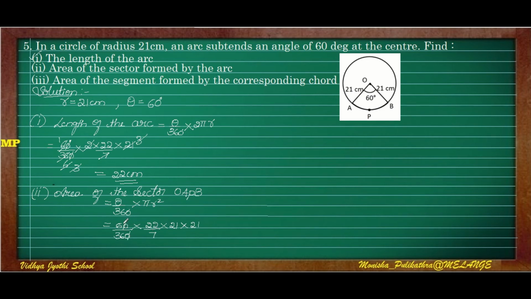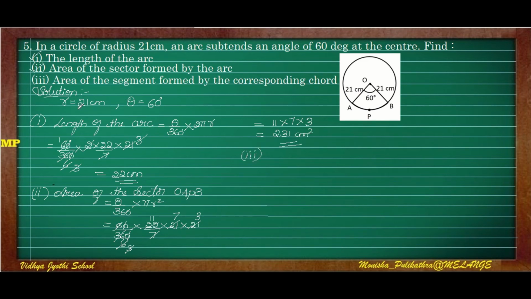So 0 0 get cancels, 6 1s are 6, 6 6s are 36, here 7 3s are 21. Next we can take it as 2 3s are 6 and 2 11s are 22. 3 1s are 3, 7 3s are 21. So we got 11 into 7 into 3. So this will be 231 centimeter square. Since it is area, we have to write centimeter square. So second one is finished.